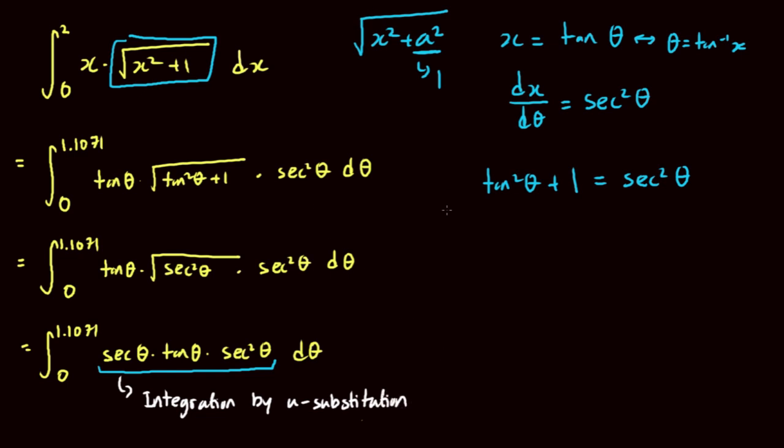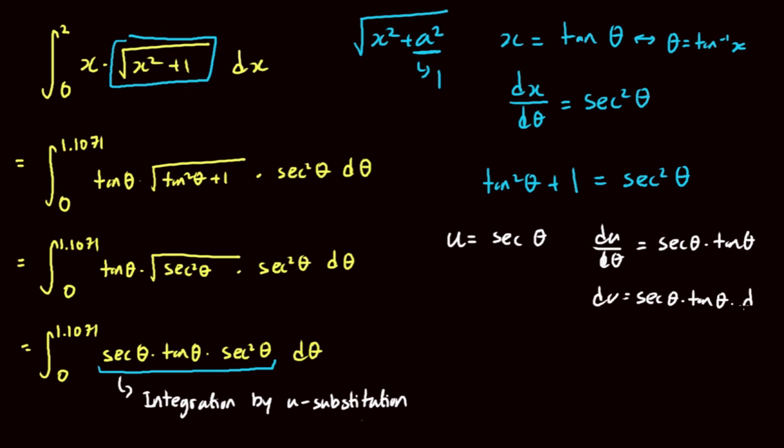So for u substitution, I'm gonna take my u as sec theta. Okay. And of course my du d theta is just sec theta times tan theta. Okay. And du is just sec theta times tan theta times d theta. Okay. And we clearly have those. We already have d theta, we already have sec theta and tan theta.